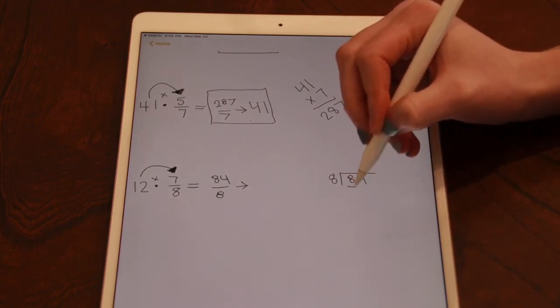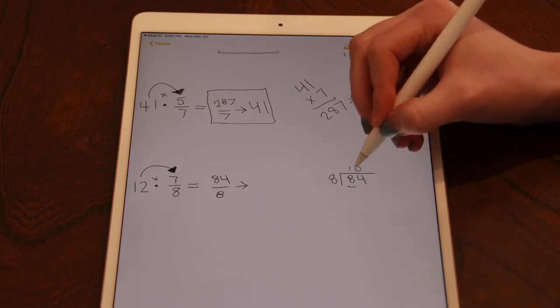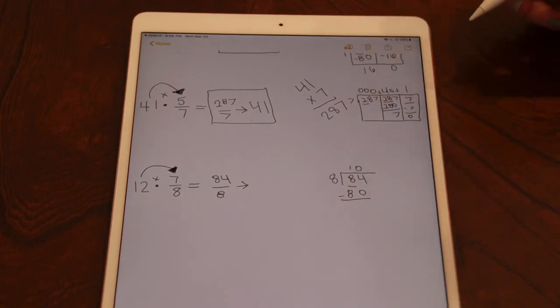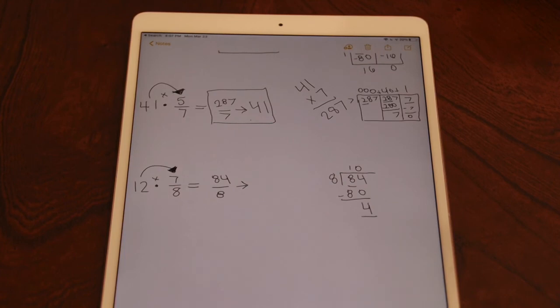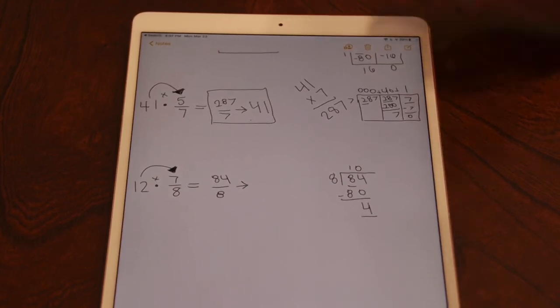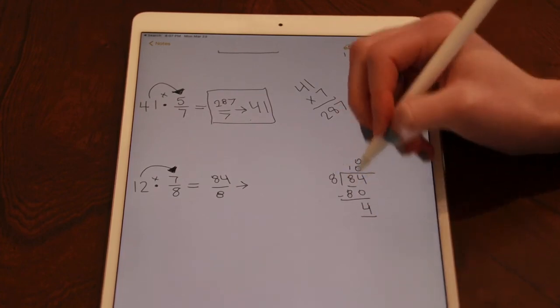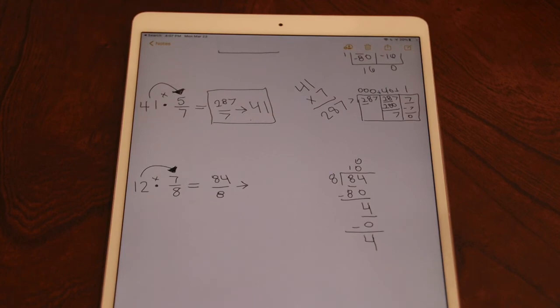So I start in the tens place. 8 fits into 8 1 time, but that's really 10. So I write 80 down and I subtract and I get 4. Now I'm in the ones place. 8 goes into 4 how many times? It can't, so I put the 0 up top. And 8 times 0 is 0, so I subtract. And I get 4 left over.